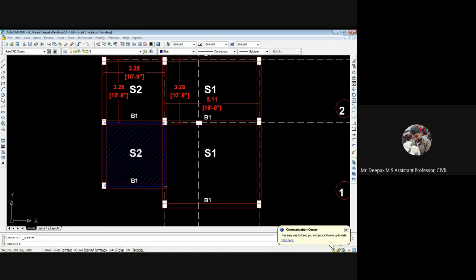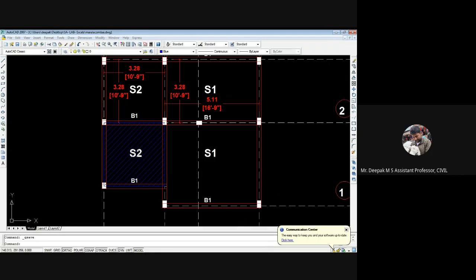And this is the load calculation, how to calculate the load acting on the slab: live load, dead load, weight of other finishes. If we accumulate all the finishes, we get roughly 1.5 kilonewton per meter squared, the dead load is 3.75 kilonewton per meter squared, and the live load is 3 kilonewton per meter squared, and we can add all of these.